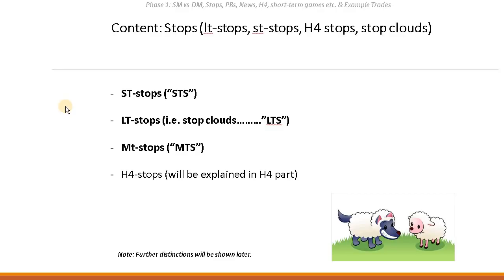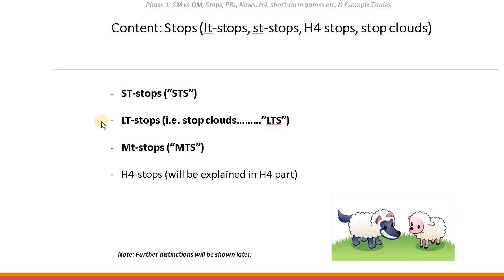For example, it's not difficult for the smart money cartel to take out a lot of short-term stops just by maintaining a range, by moving the price as much as possible into all directions. And for example, they will only go for LT stop runs if it's worth it and if the stop target is reachable.